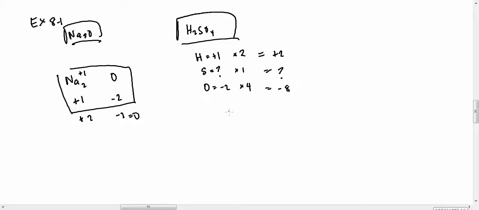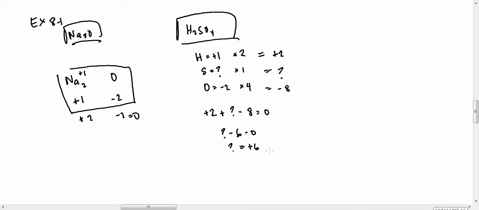I know that I have to add them all up to equal 0. So +2 plus question mark -8 equals 0. That would be question mark -6 equals 0.